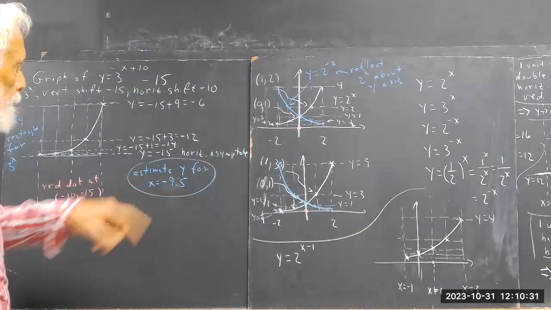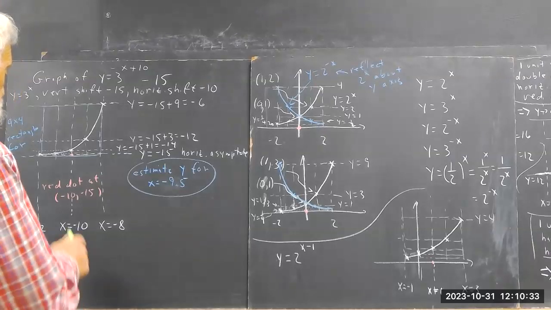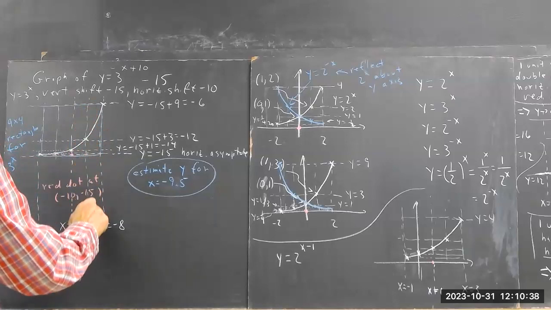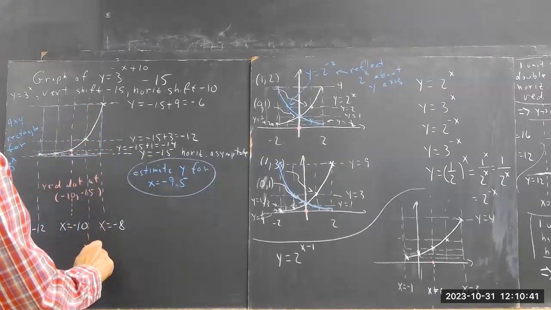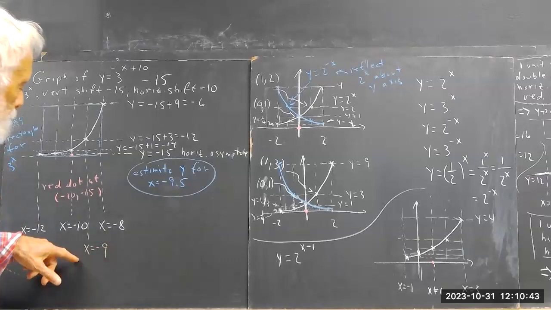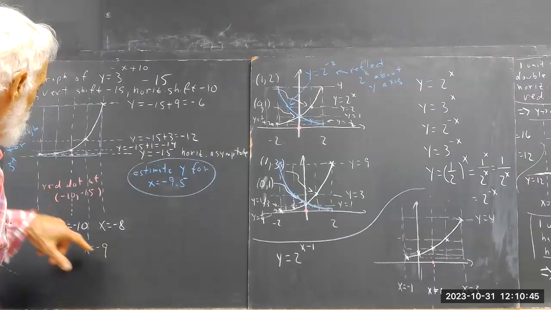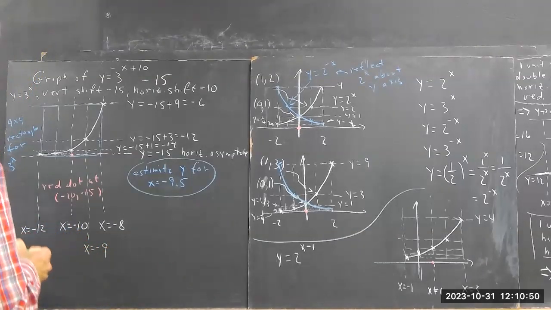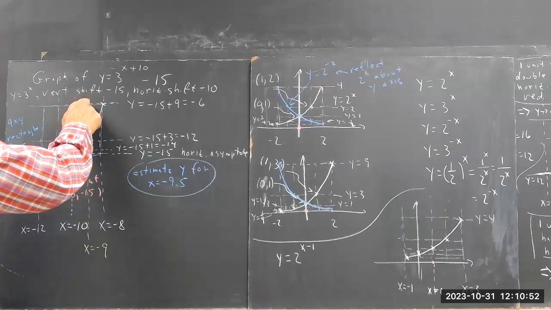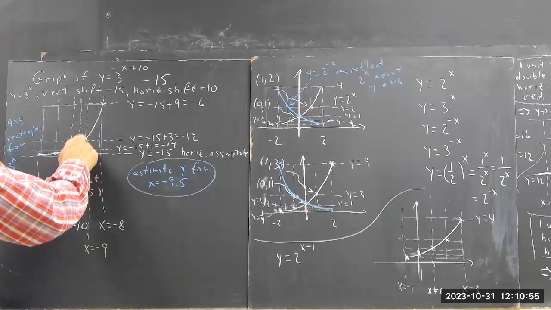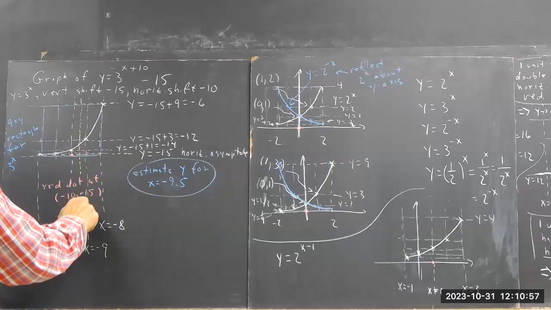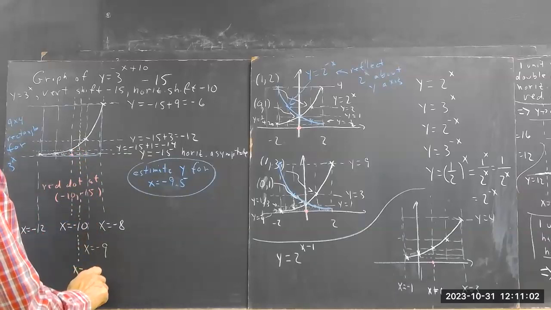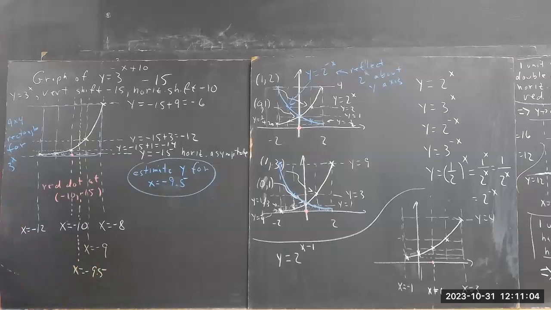You have to locate the line x equals negative 9.5. Now, here's negative 10, here's negative 8. Then this line would be x equals negative 9. And x equals negative 9.5 would be between negative 9 and negative 10, about halfway. So here's the line, x equals negative 9.5.